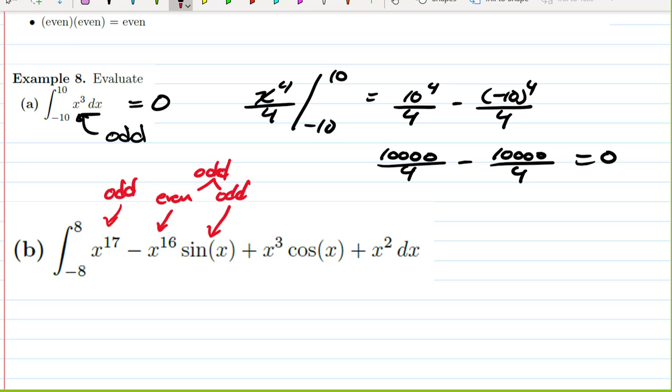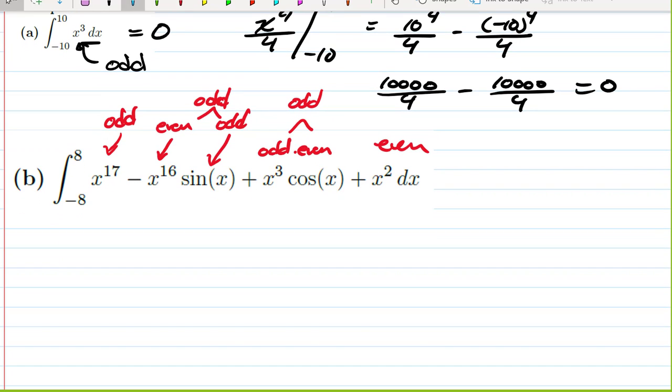This is an odd times cosine, which is even, so odd times even gives an odd. And finally, x squared is even. So then we know that the integral of an odd function is 0, so this is 0.